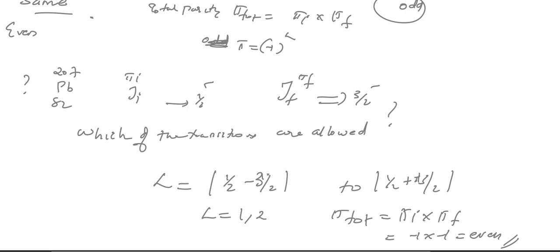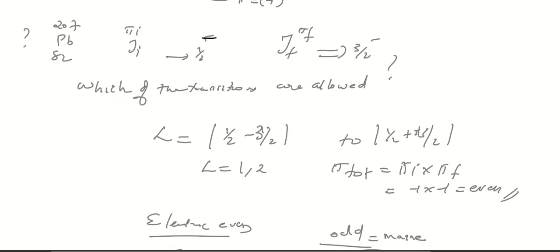Ji pi i for Pb 82-207 is given by 1 by 2 minus, and Jf pi f is 3 by 2 minus. The transitions allowed have L equal to 1 by 2 minus 3 by 2, that is 1, and 1 by 2 plus 3 by 2, that is 2.